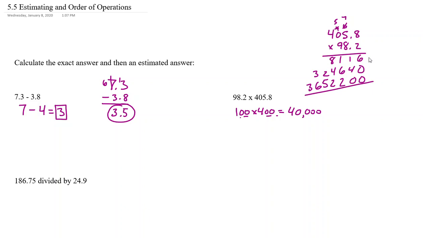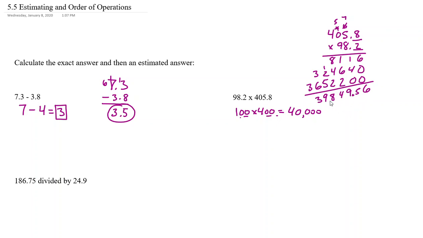And I'm almost out of room here, but we'll bring down the 6. 6 plus 0 plus 0 is 6. 4 plus 1 plus 0 is 5. 6 plus 2 plus 1 is 9. 8 plus 2 plus 4 is 14. Carry the 1, 5, 6, 7, 8. 3 plus 6 is 9. And then that 3. And there's 2 decimal places, 1, 2, so we'll move the decimal point over 2 spaces.